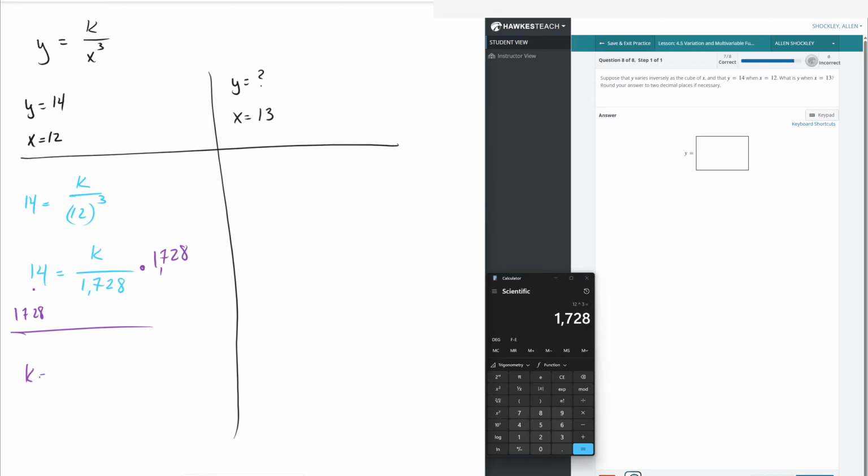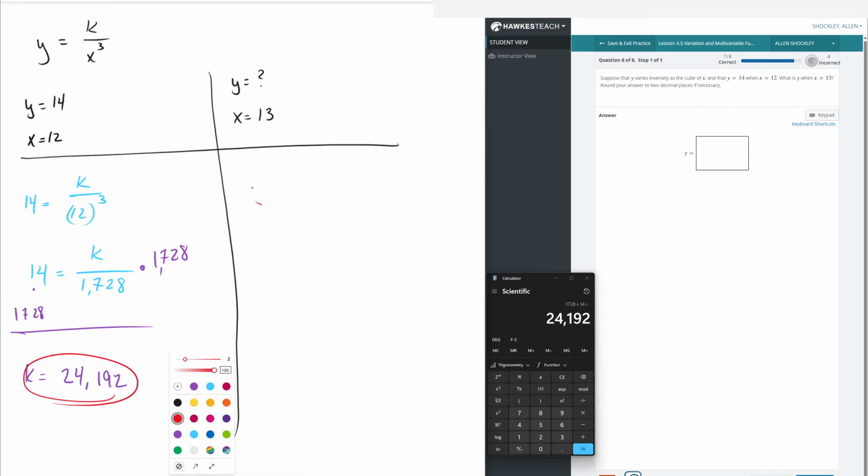K equals 1,728 times 14, 24,192. So up here, y equals 24,192 divided by 13 to the third.